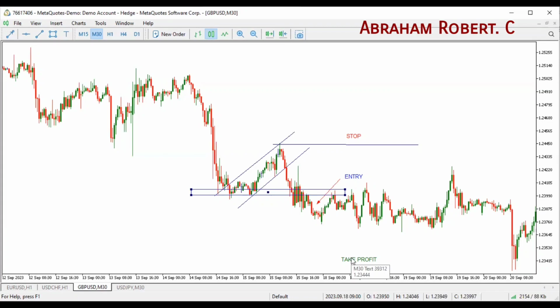If the market is just starting the trend, I can target 1:3. But if the trend has been there for some time, I should be targeting 1:2, 1:1.5, or 1:1, as the case may be. But don't go less than 1:1. It's not advisable. It's not wise. So this candle is my entry point.